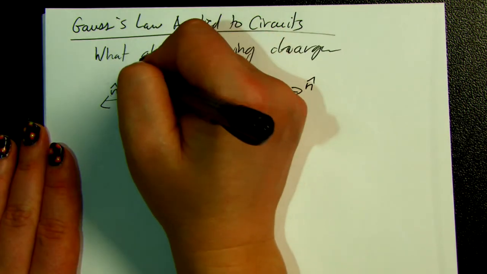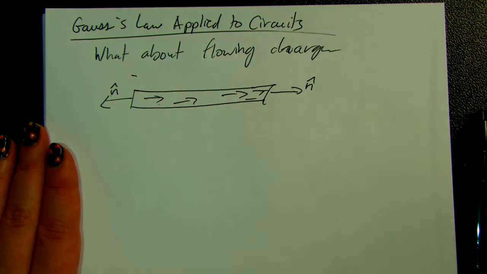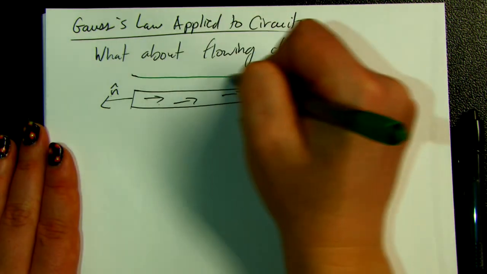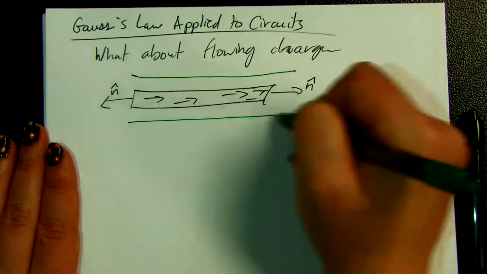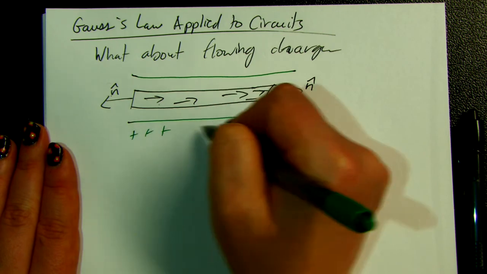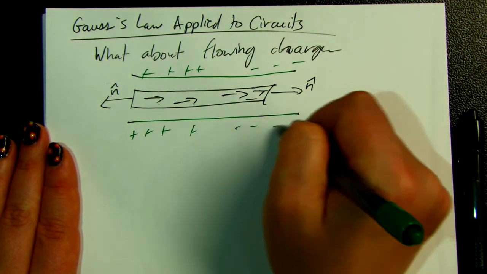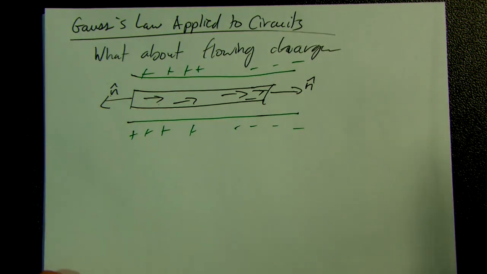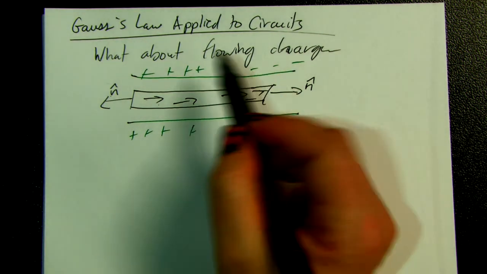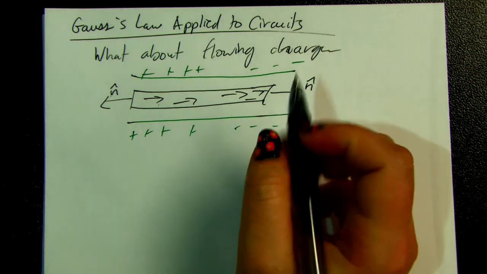So this is our Gaussian surface. Here is our wire with its gradient. All right, so we want to look at Gauss's law to determine the flux on the wire.